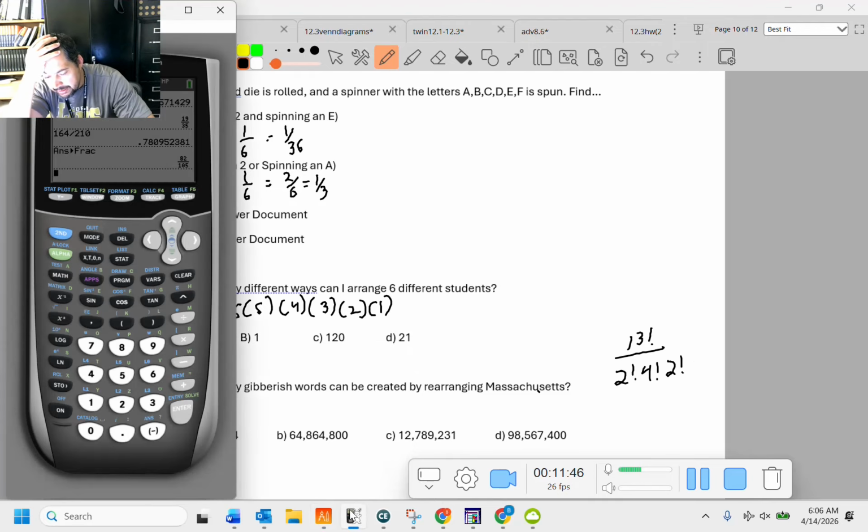So it's this gigantic number. So let's see here. Let's go to math, num, n over d. We got a 13 math probability factorial. That is sitting pretty over.